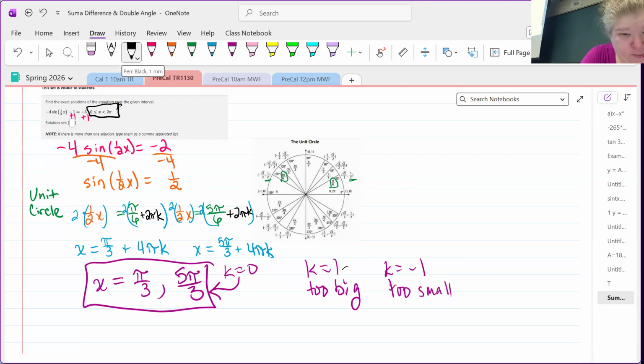Well, if I'm adding 4 pi, which is bigger than 2 pi, that result's going to be bigger than 4 pi, way bigger than 2 pi. If I subtract 4 pi from pi over 3, I'm going to get something negative. So you can plug in the numbers to test it, but if the answer is too big or too small, you don't have to write it down.